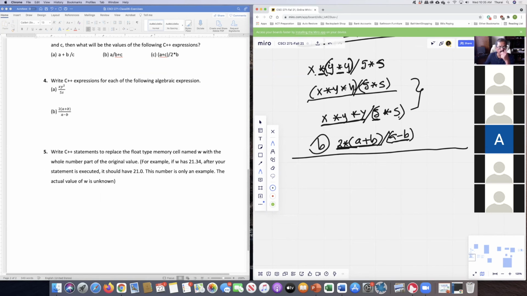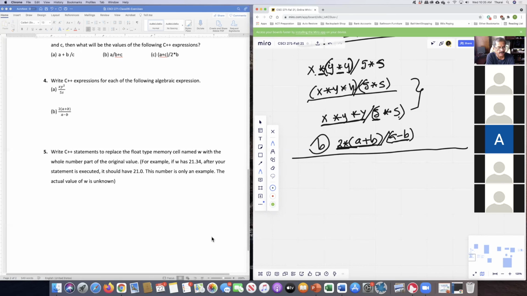So here's an example. If W has 21.34 in it, then your statements will replace it with 21.0. The fractional part should be dropped. So you're only writing statements to achieve that.